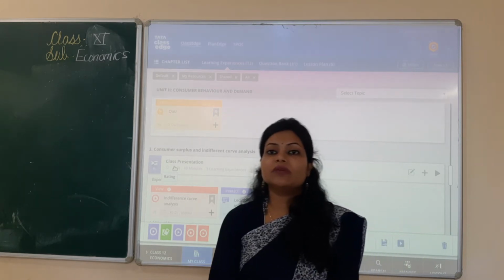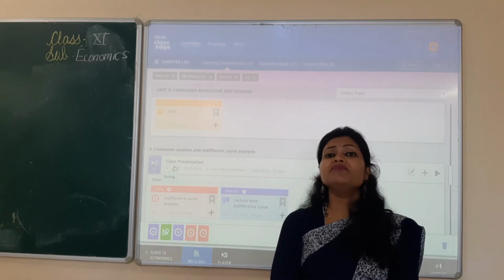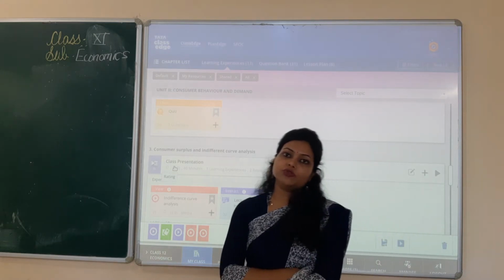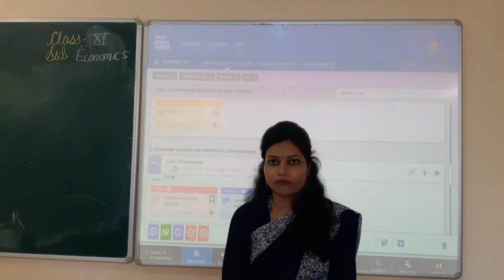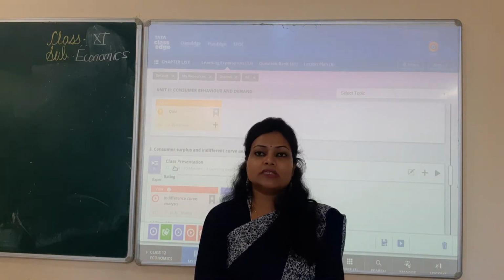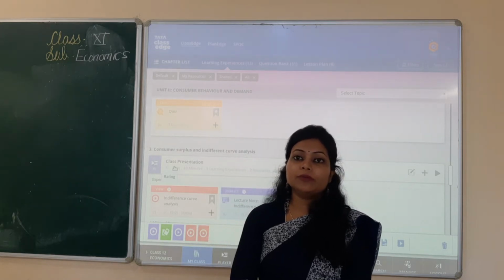Surplus means something in which there is a benefit. Another example: if you again went to the shop to purchase 2 packets of biscuits, and there you found that there is 5 rupees off. So now you are getting the 2 packets of biscuits for only 15 rupees, and you are able to save 5 rupees.